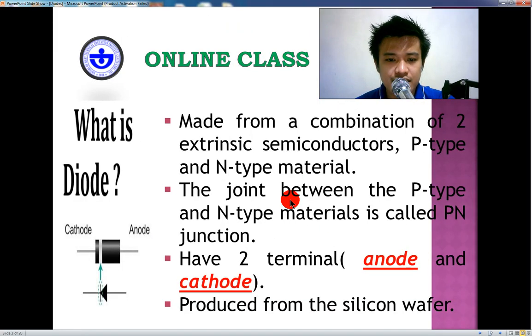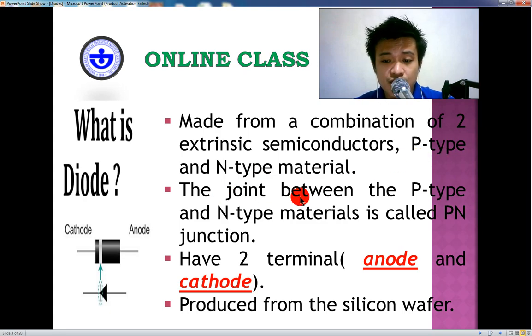The next is, a diode is made from a combination of two extrinsic semiconductors. Yes, it is made up of the combination of two extrinsic semiconductors, the p-type and the n-type, or we also call this a p region and n region, or the positive part and the negative part materials.